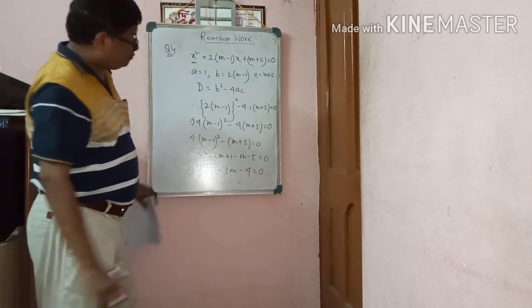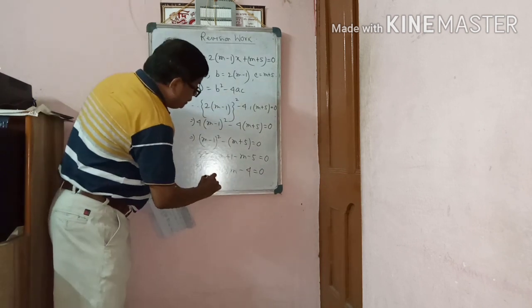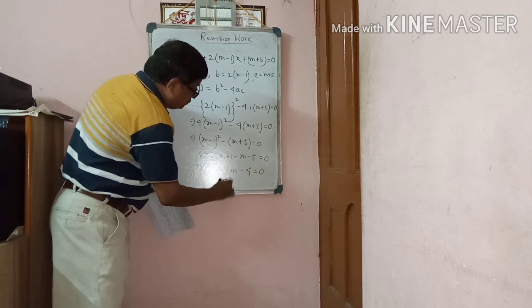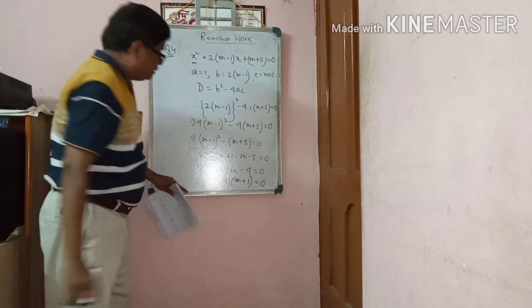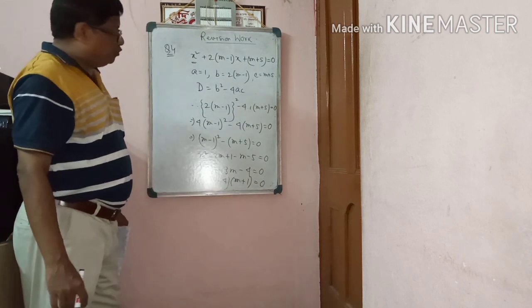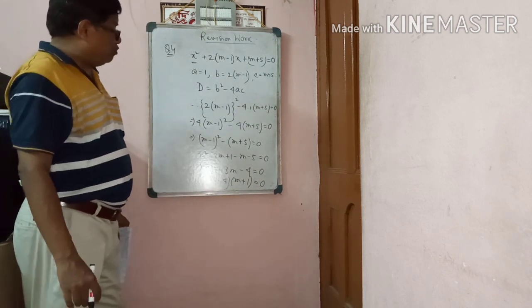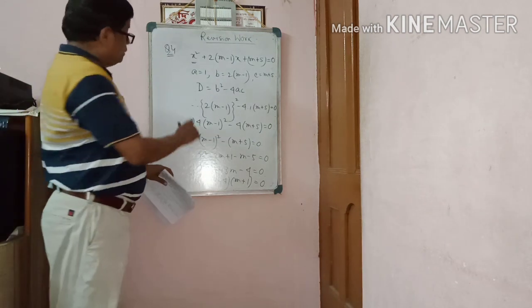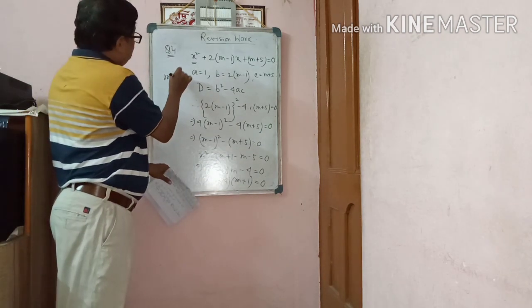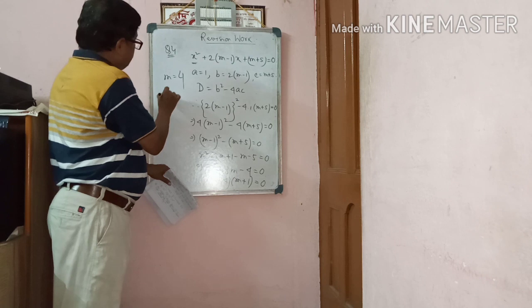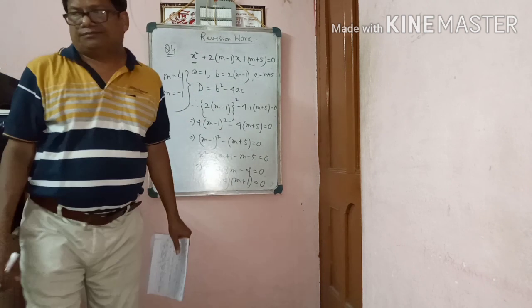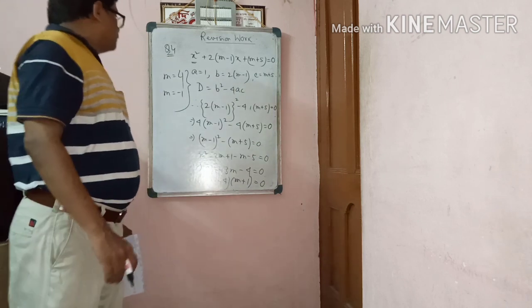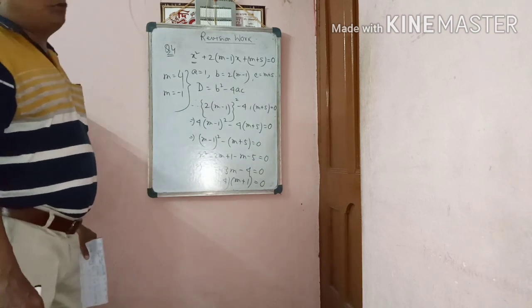Now factors: m minus 4 into m plus 1 equal to 0. So m equal to 4 and m equal to minus 1. So the answer is m equal to 4 and m equal to minus 1.